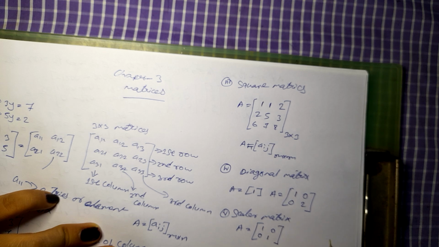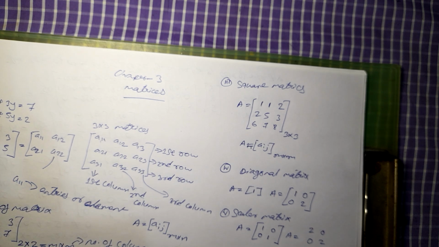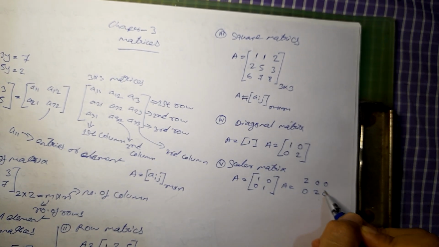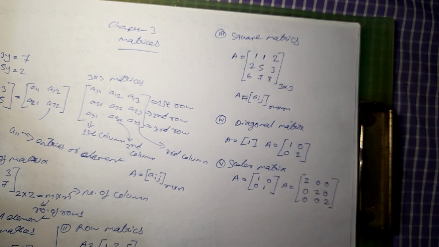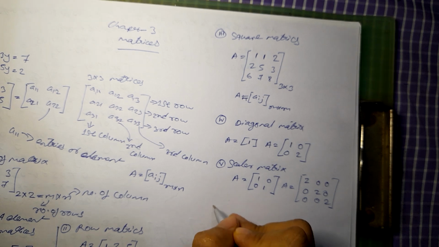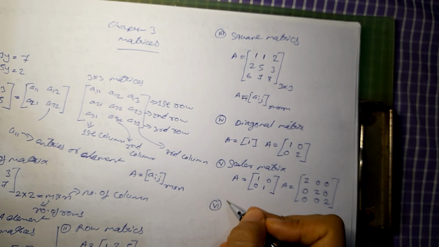When the diagonal elements are the same, we call it a scalar matrix. If it's a 3 cross 3 matrix, or let's take 2, 0, 0, 2, the diagonal has to be the same. So this is the scalar matrix. After the scalar matrix, the sixth is the identity matrix.